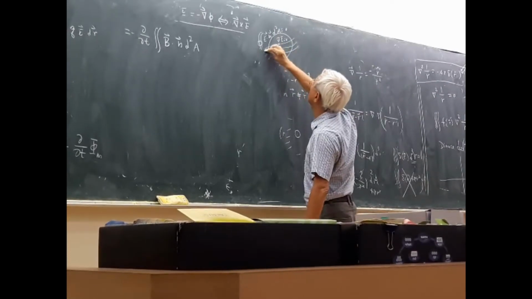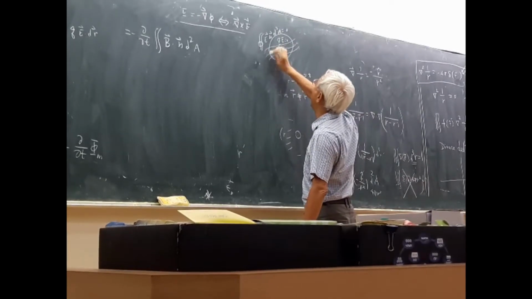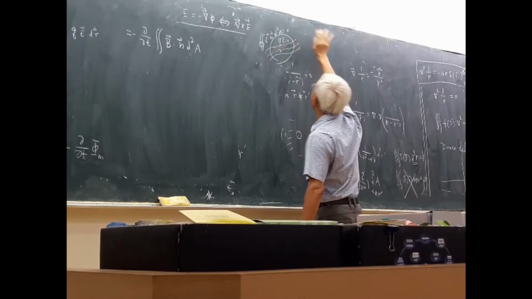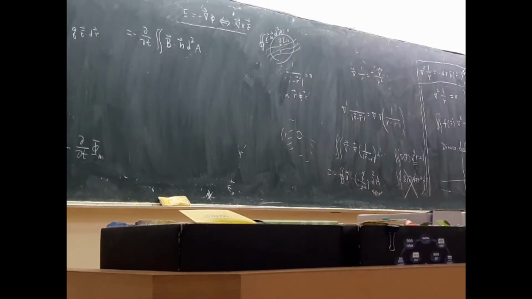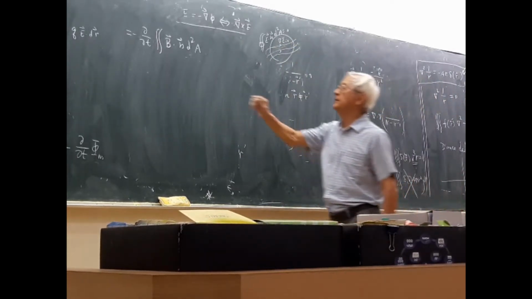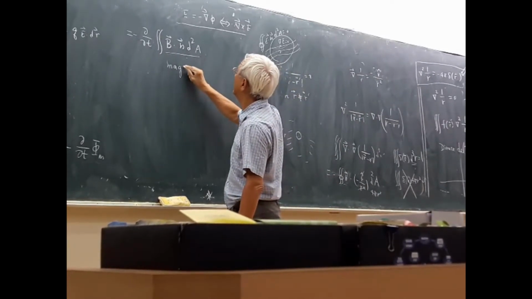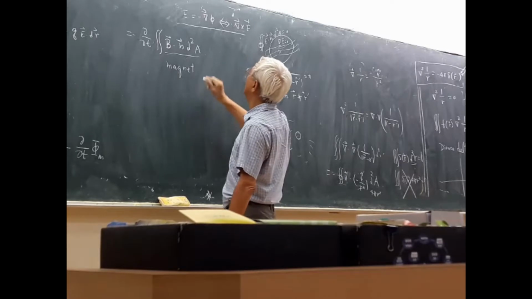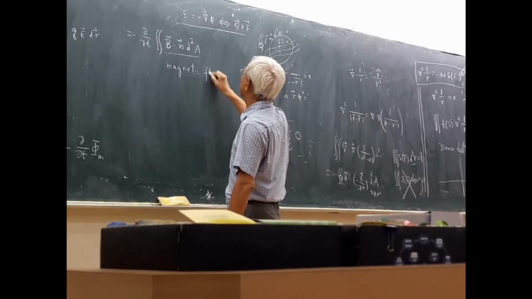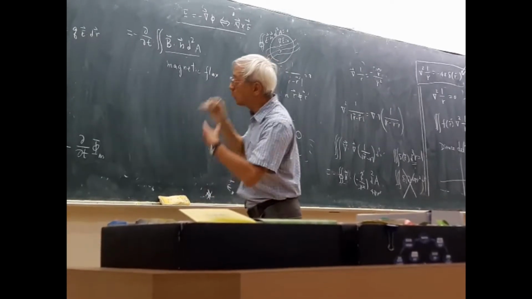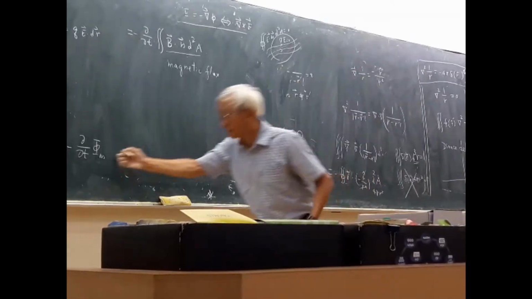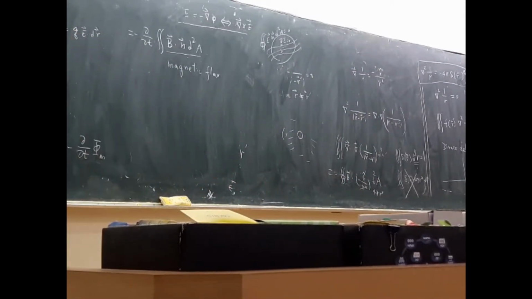So you think there's some kind of electric flux going in and out. And for the same thing, this is called the magnetic flux. B is the magnetic flux density. So this is the total magnetic flux. This is very important.